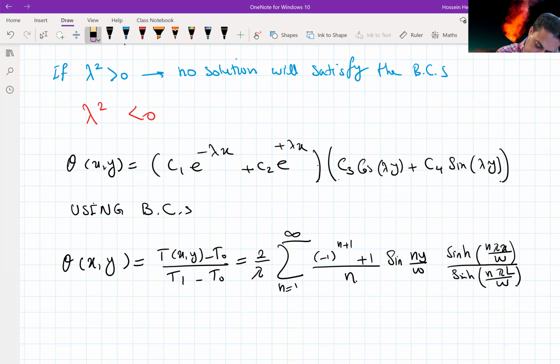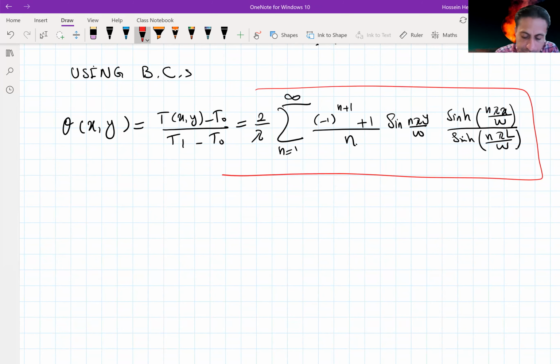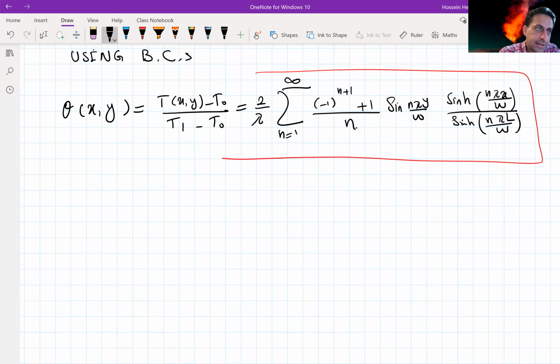There's a pi missing here, pi. Okay. So this is going to be the solution after inserting the boundary conditions that will give us the temperature distribution.